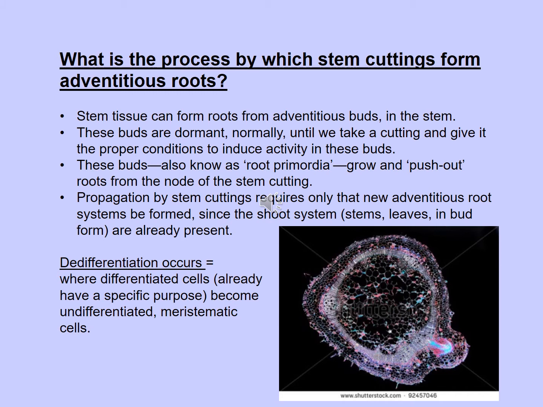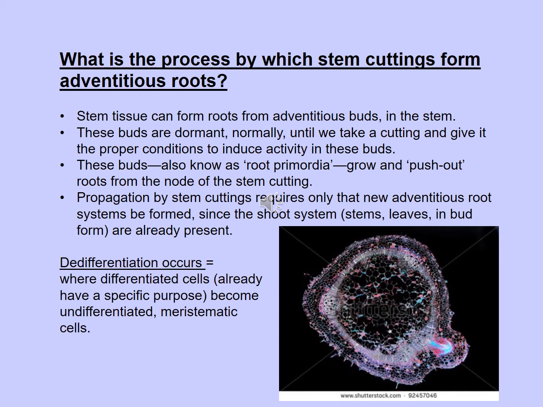A little more detail on how adventitious roots are formed off of stem cuttings. You first take your stem cutting, and that stem tissue can form those roots from these adventitious buds that are dormant within the stem tissue just below the bark.